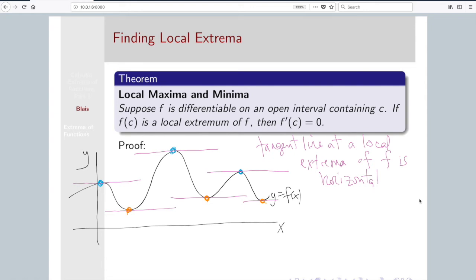Well, that's none other than the derivative of the function being 0 at that point. So it's always the case that if your function is differentiable and it has a local extreme value, be it a local maximum or a local minimum, the tangent line has to be horizontal at that point.